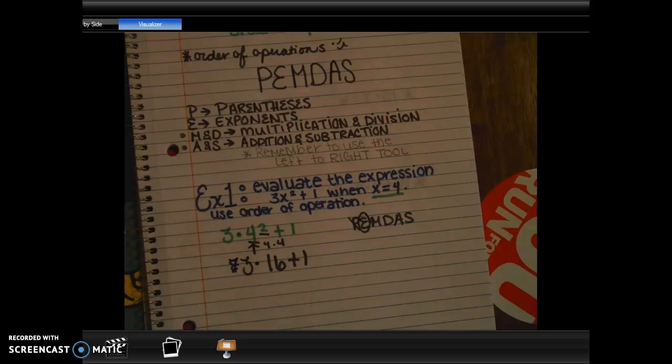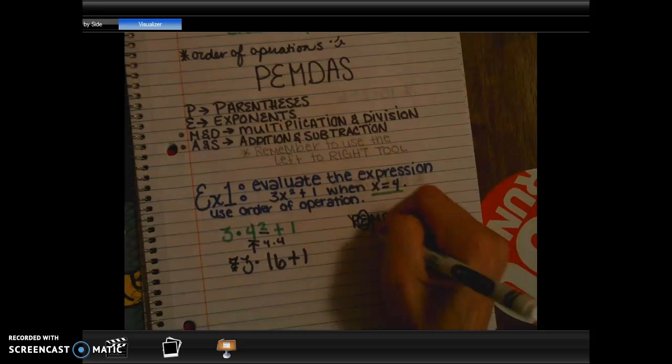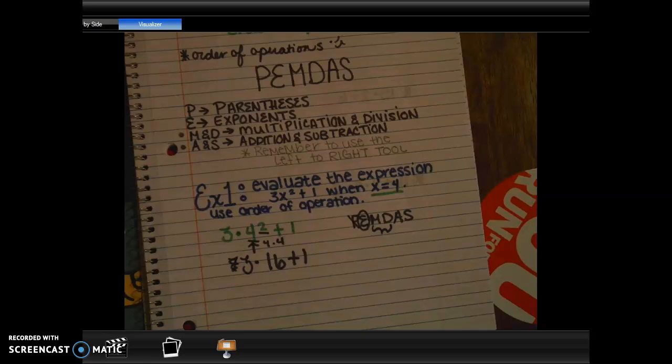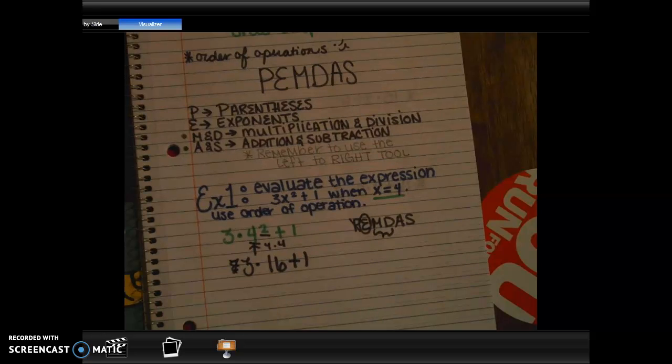So now let's check what's next. Okay, well, we're going to check for either multiplication and or division to see if they occur. We have some multiplication happening. Remember, this dot also represents multiplication. So we're going to say, okay, well, what is 3 times 16? Well, that is 48. Let me see.